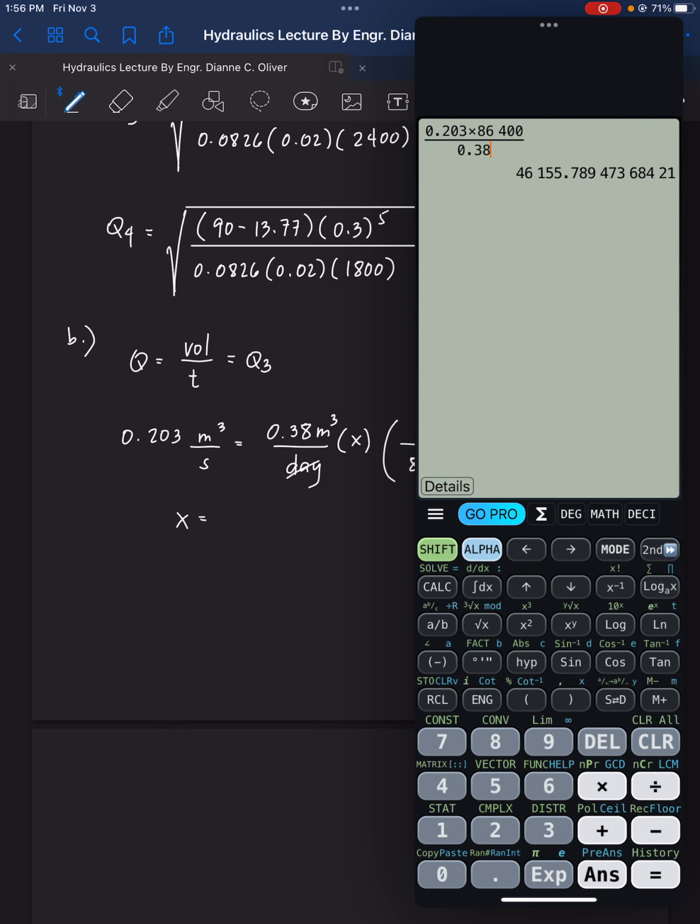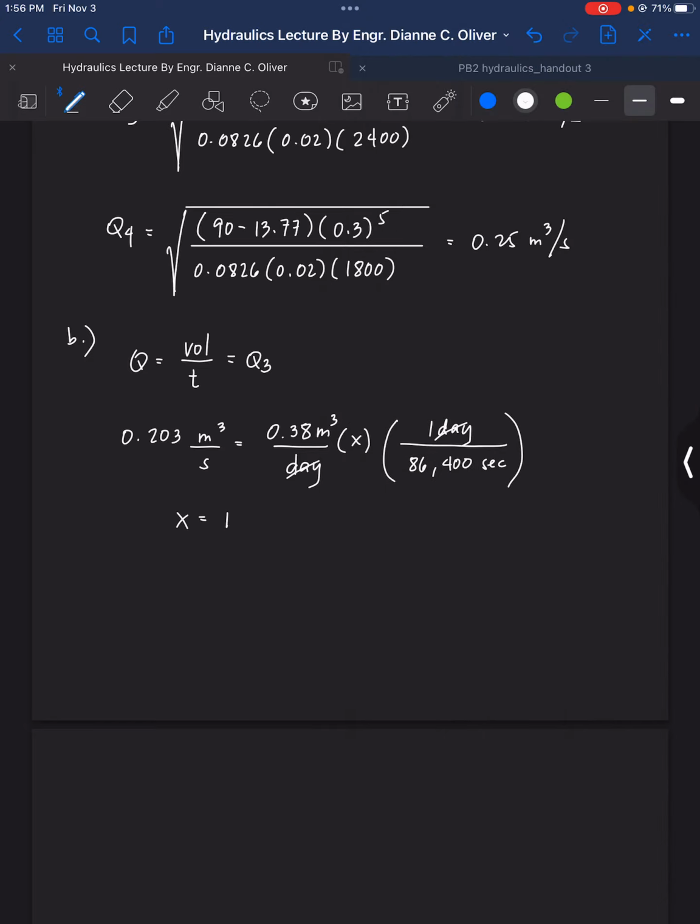So we are going to supply 46,156 persons in Townsite D.